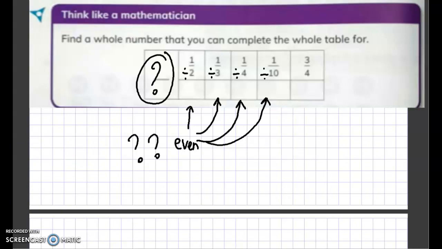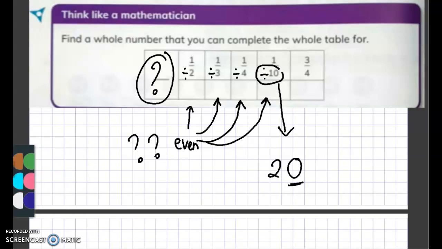Let's start with, since it can be divided by 10, then we know that the number must have a 0 at the back. So can it be, let's try 20. Let's start from 20. 20 can be divided by 2, cannot be divided by 3, can be divided by 4 and 10.